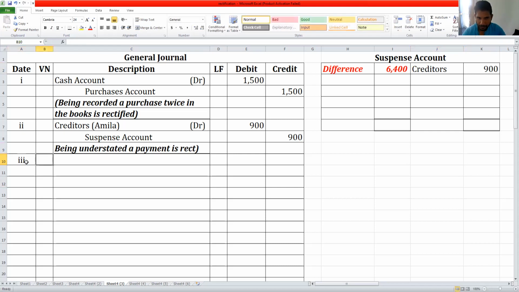Number 3. Payment made to Sandani valued 3,500 has not been recorded in her personal account. We have made a payment to a creditor once again. We have made a payment to Sandani of 3,500 but not recorded in the personal account.